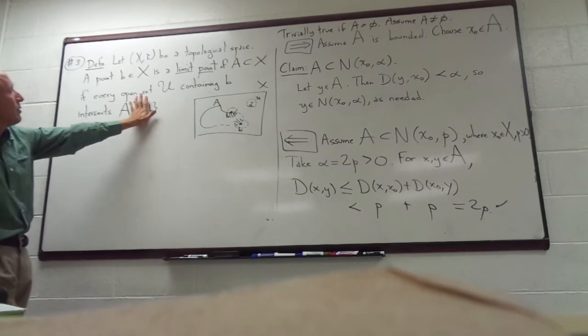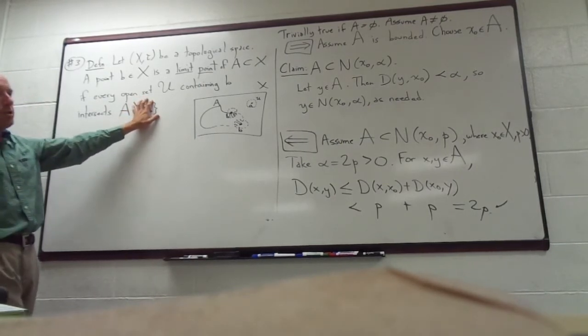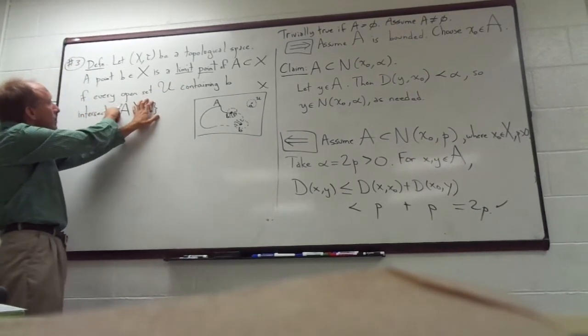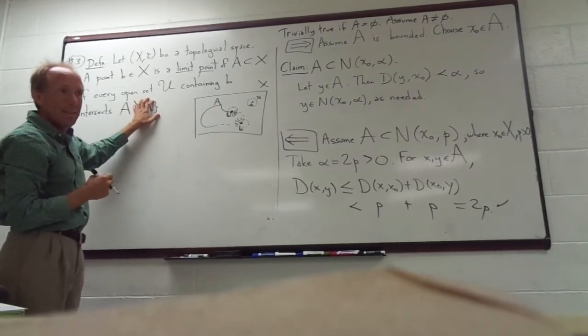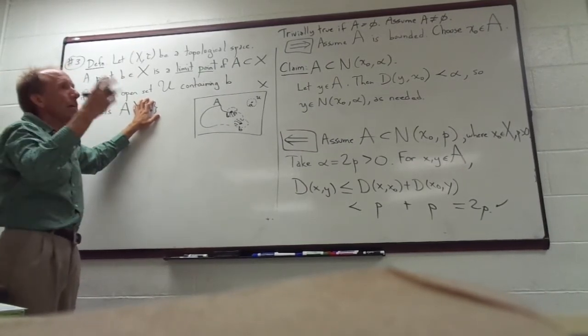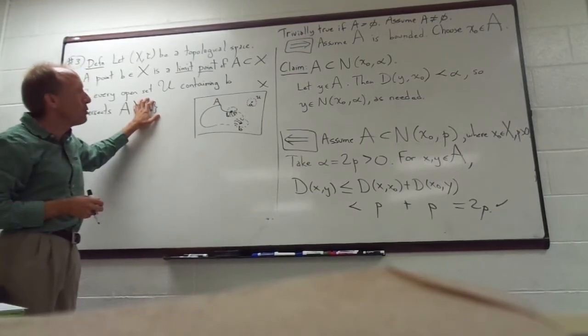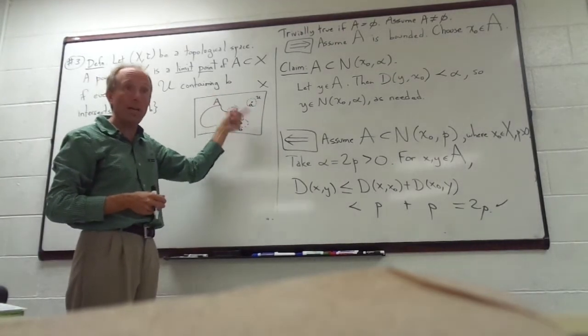If I didn't take out this B, then this would be a bad definition, because every open set that contains B does intersect A if B is in A, and so everything inside of A would always be a limit point. What we're saying now is you can actually have elements of the set that are not even considered limit points of that set.